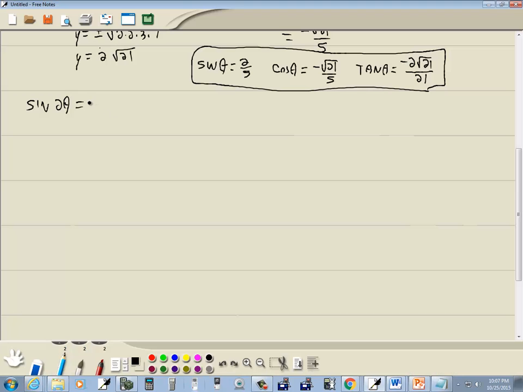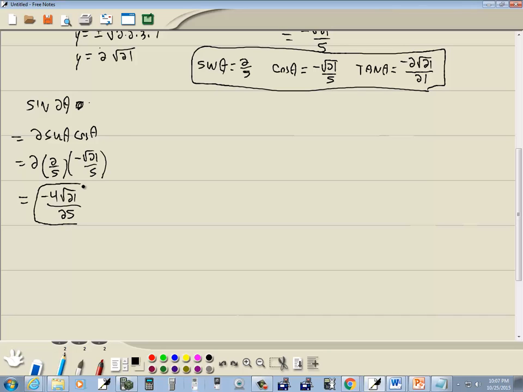So we're going to have 2 sine theta cosine theta. Well, sine theta was 2/5. Cosine theta is negative square root of 21 over 5. 2 times 2 is 4 times a negative square root of 21 gives us negative 4 square root of 21 over 5 times 5 is 25.